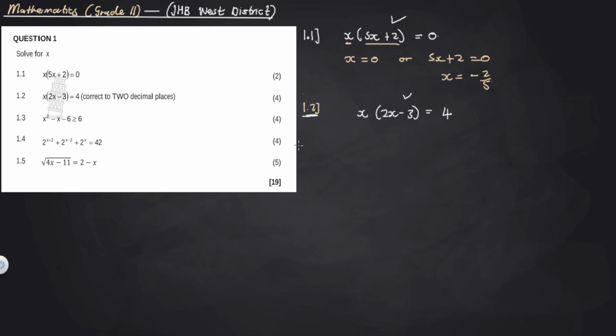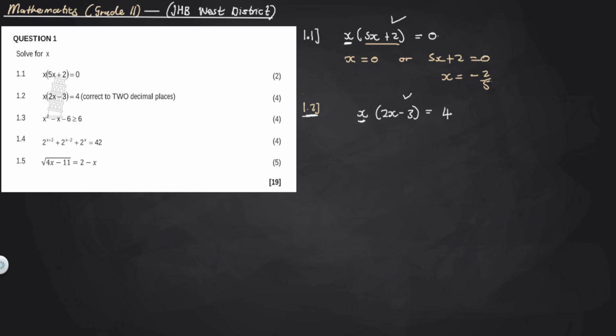Look, 1.2 is almost structured the same way as the first question. I have x outside the bracket, as in the previous one, and a bracket multiplying with that x, equal to 4 this time. Previously, it was equal to 0.